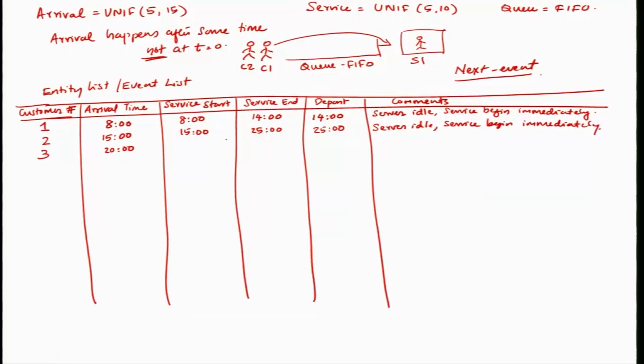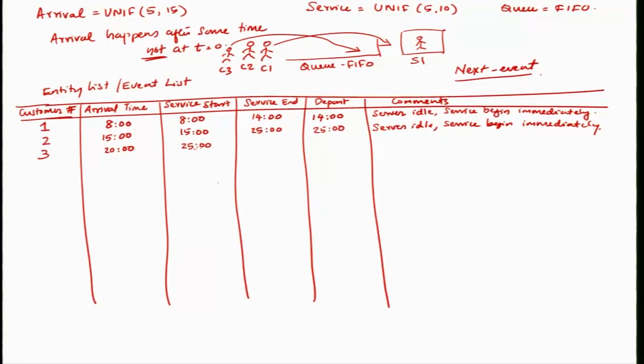When it comes at 20, this is your C3. It sees that the server is not free, it is busy. So, C3 will come and join the queue. It will wait, and the service can begin only at 25 time units, because as soon as the server is finished, it will look and see whether there is anybody in the queue, see that there is one person in the queue, and immediately pull that person and start the service.